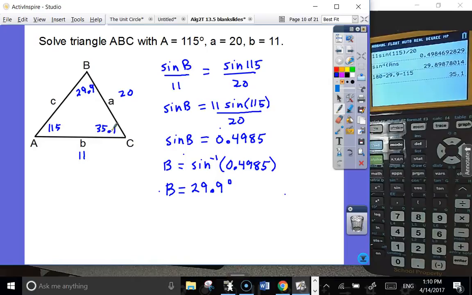Okay, now that we know angle C, we can go across and find side C. So let's use the law of sines where we've got side C in the numerator. C divided by the sine of 35.1 equals, and I'm just going to use the same one I used before, 20 over the sine of 115.